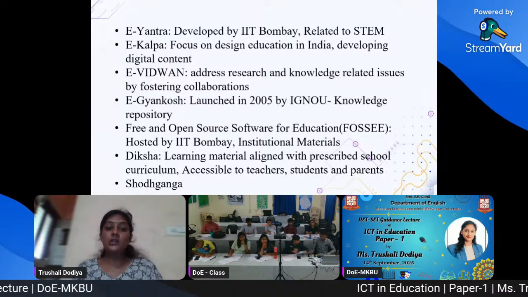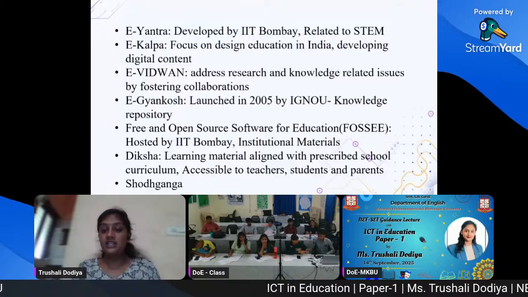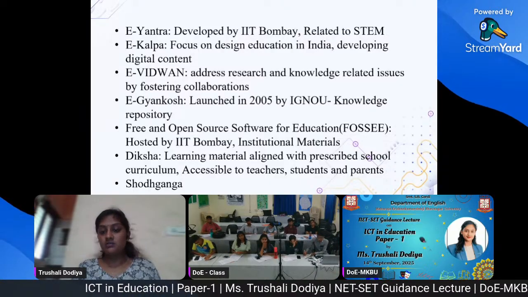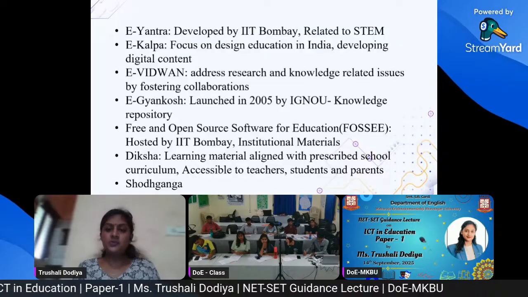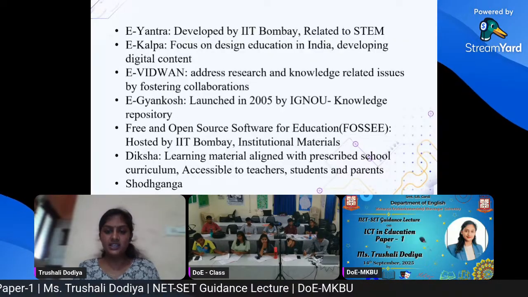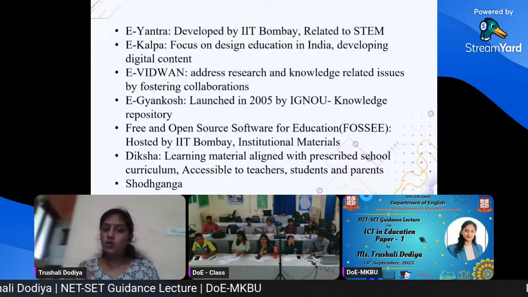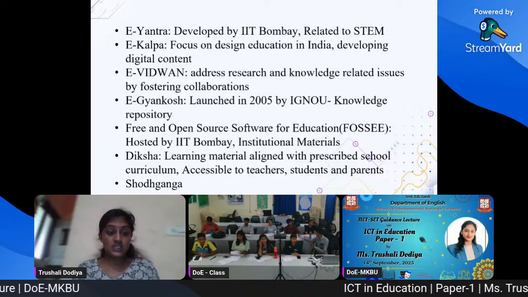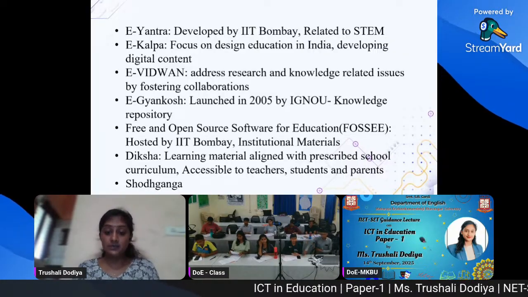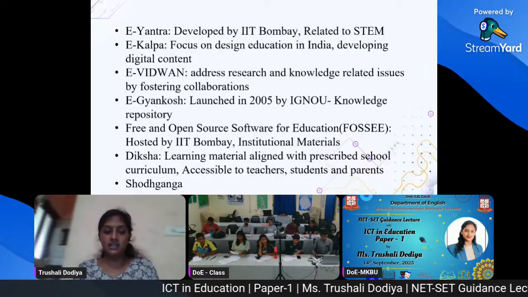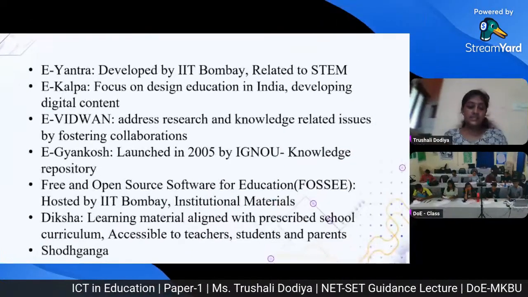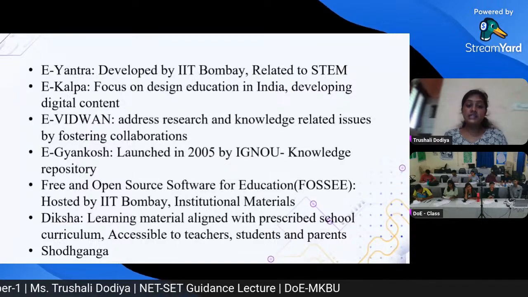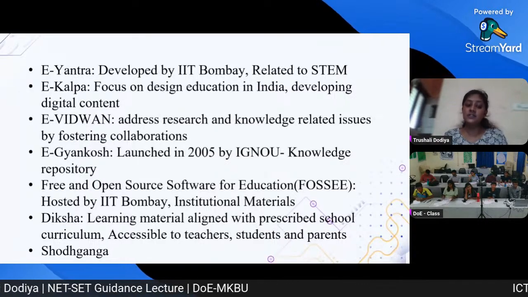The E-Gyan course was launched in 2005 by Indira Gandhi Open University as a knowledge repository, having all the materials in a single place. Free and open source software for education is hosted by IIT Bombay, which is about institutional material of the organization. The Diksha platform provides learning material aligned with the prescribed school curriculum.